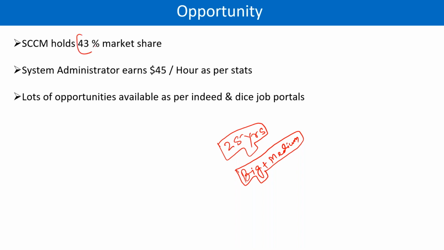So it has 43% of market share. That means other players are also there in the market. SCCM is an enterprise device management solution. Similarly, we have SCCM competitors: IBM BigFix, Landesk, Altrace, Tanium, and Workspace.